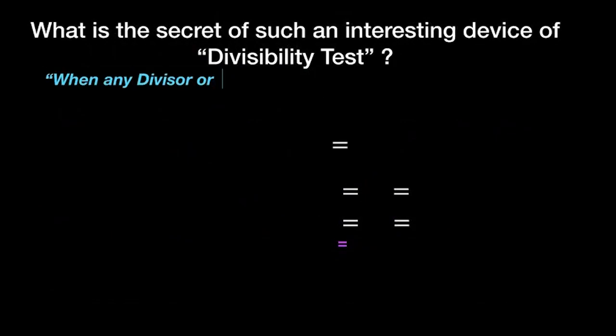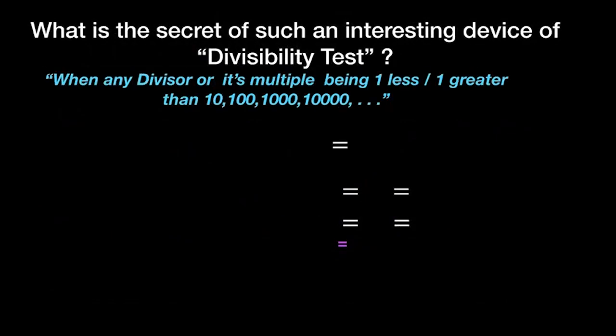And then, what is the secret of such an interesting device, the test of divisibility? When any divisor or its multiple is 1 less or 1 greater than 10 or 100 or 1000 or 10,000, then we can get this interesting criterion for divisibility.